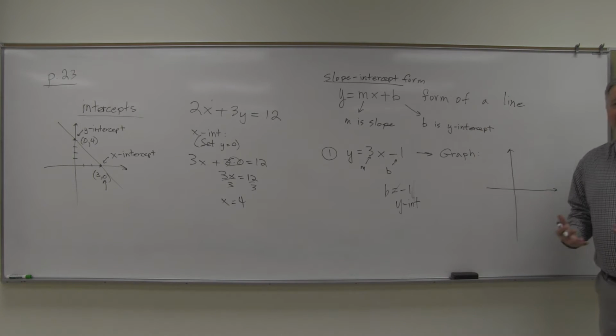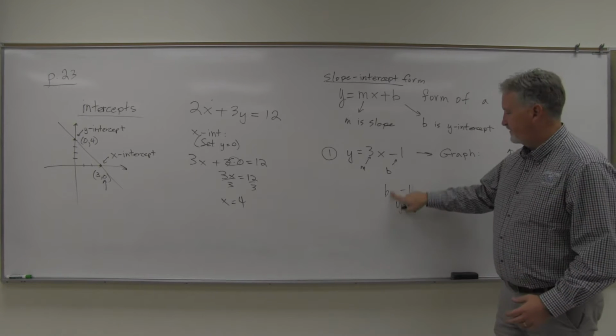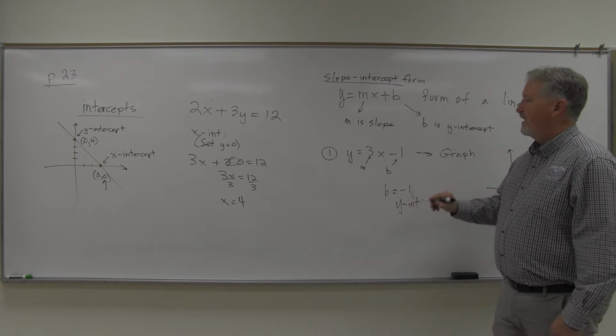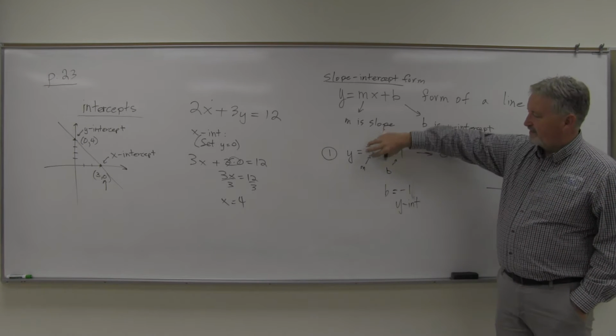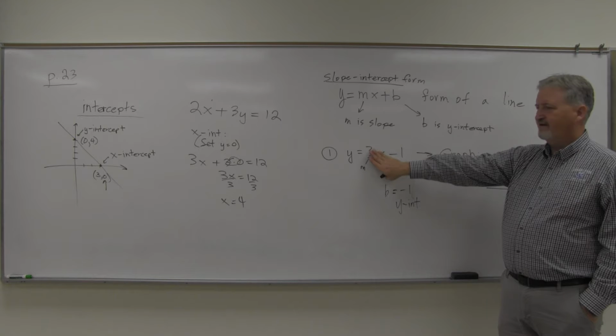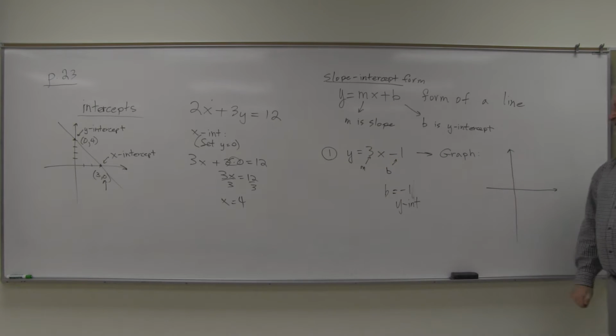But it's really easy to prove that that's the y-intercept, because the y-intercept is when x is 0. If you set x to 0, you get y is -1. So the y-intercept is -1, so we come over here to the y-axis and put a little dot there at -1, because that's where this graph is going to cross that axis.